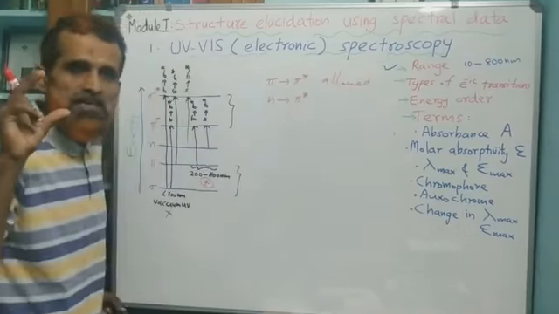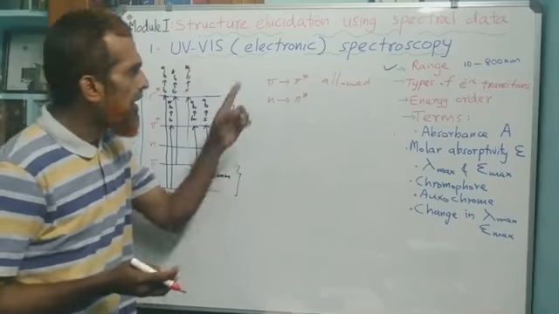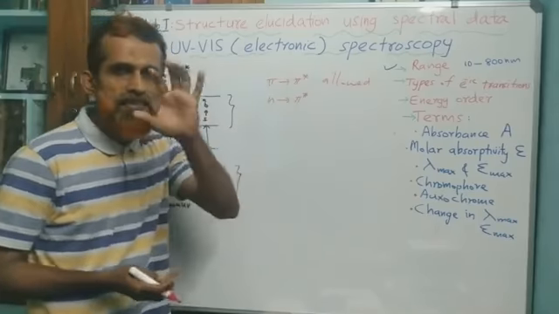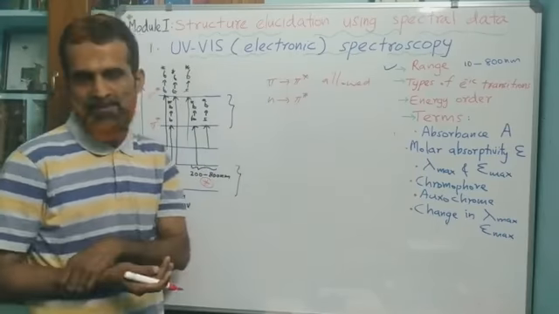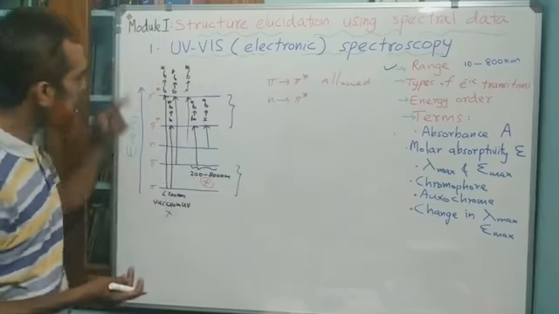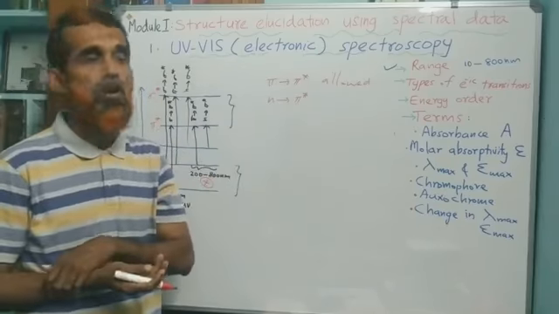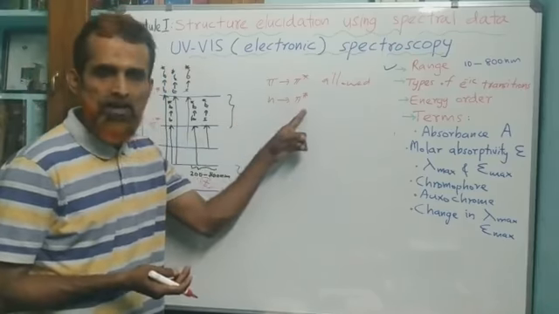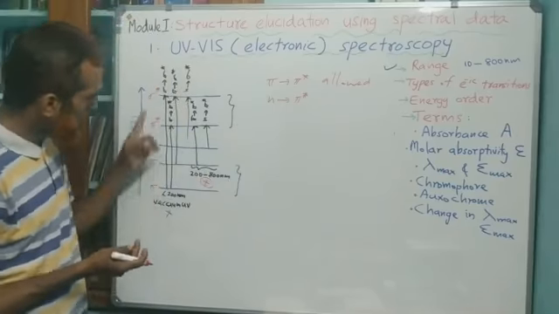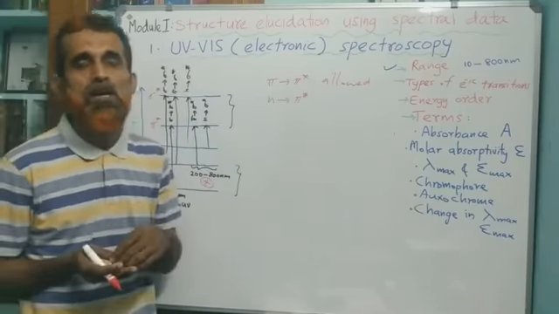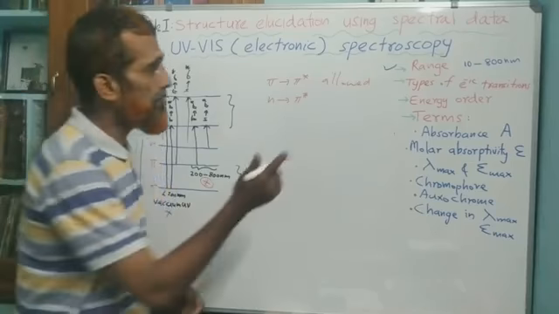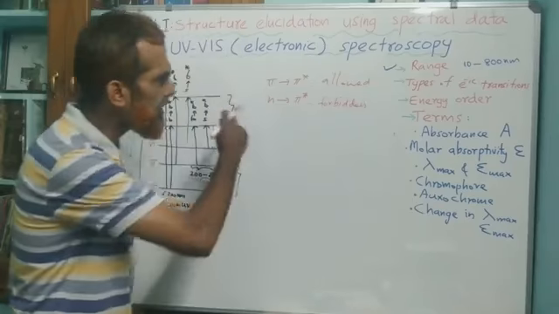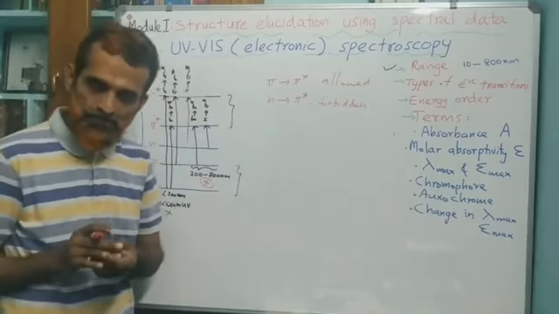That means it is symmetry allowed according to the selection rule. Symmetry allowed transition, what does it mean? Both orbitals have the same symmetry, both are pi. So pi to pi star, similarly sigma to sigma star, these two transitions are the only allowed transitions. Whereas all other transitions like N to pi star, N to sigma star, pi to sigma star and sigma to pi star, all these are symmetry forbidden, because the symmetry of the two orbitals is not the same.